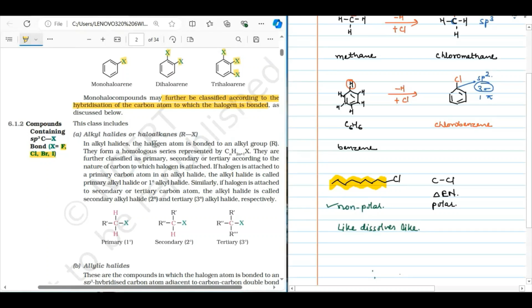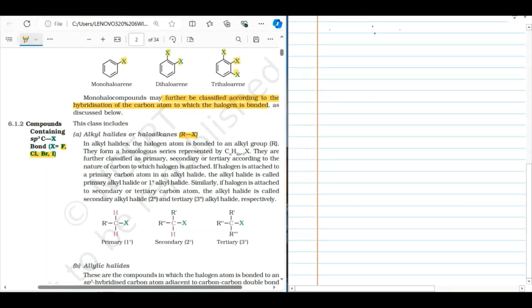First class is alkyl halide or haloalkanes. It is represented by RX. Here R is for alkyl and X is the halogen.